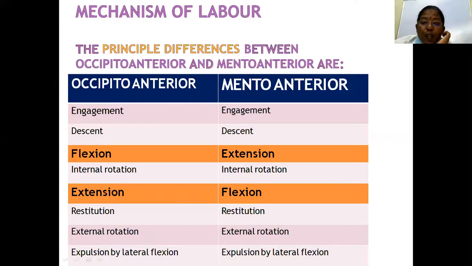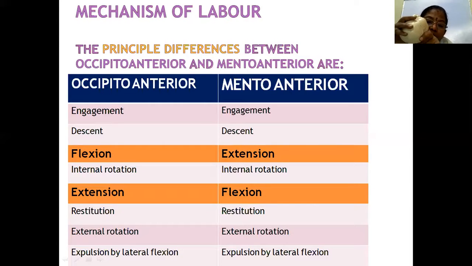Descent is a continuous process. Engagement is the same, descent is the same. Usually there can be a little bit of delay in the descent because the face is not a properly fitting part into the pelvis. The main difference is the attitude.